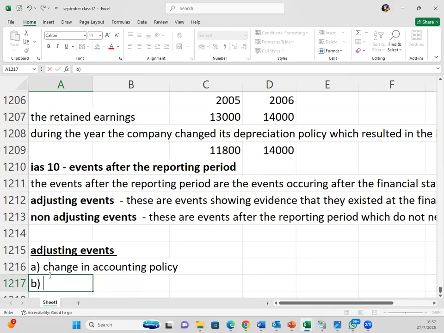We're supposed to create an estimate of those that are likely to default, and we remove them from receivables. So we create an allowance for receivables and remove it from the receivables figure. So it means you had under-created the allowance. So you can say irrecoverable debts after the financial year.